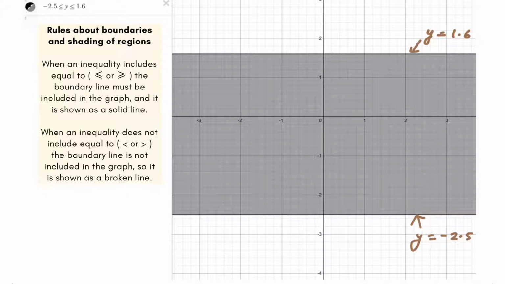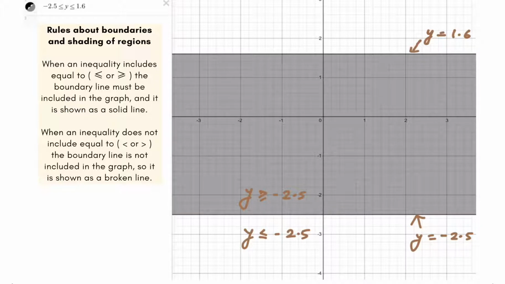For the bottom line, the unshaded region would be y less than or equal to negative 2.5, and the shaded region above this would be y greater than or equal to negative 2.5.